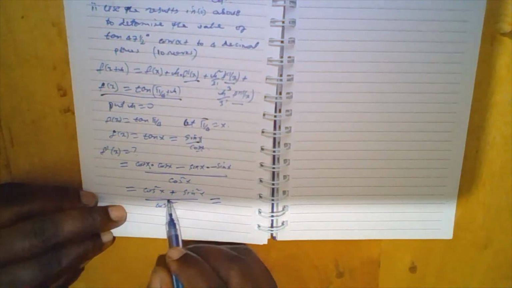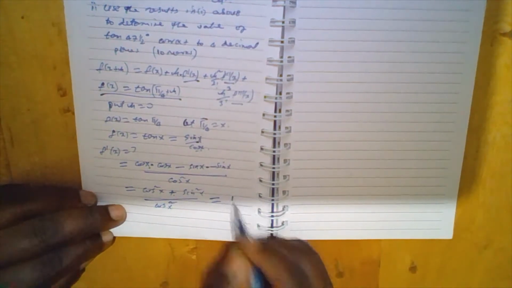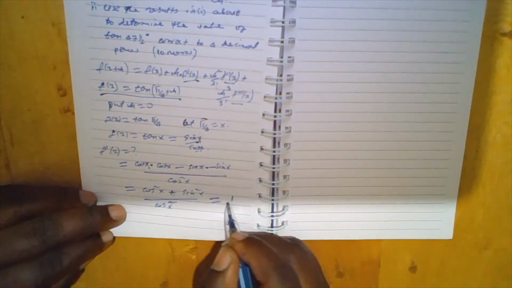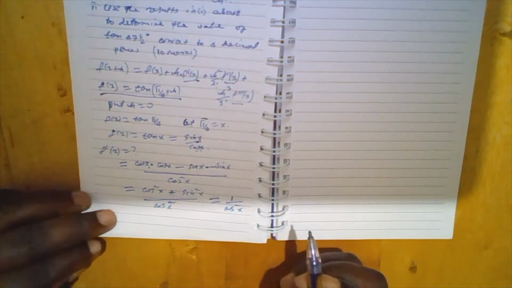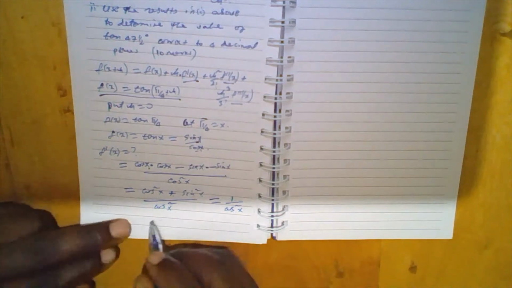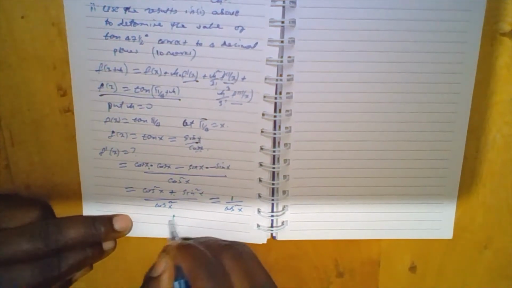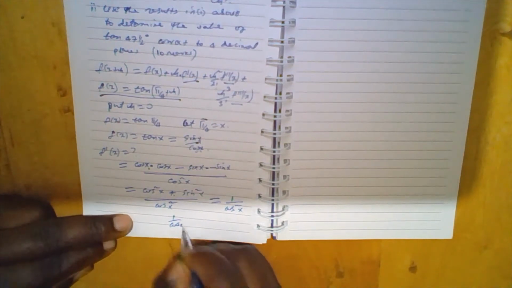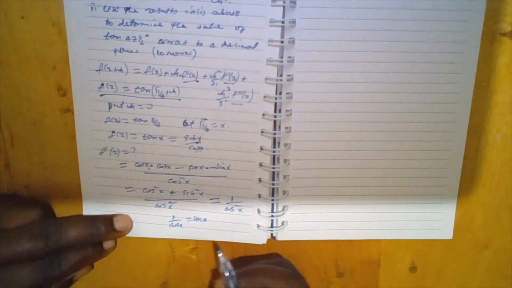Now from the fundamental identity of trigonometry, cos squared x plus sin squared x equals 1, so we have 1 over cos squared x. From trigonometric ratios, we know that 1 over cos x equals sec x.